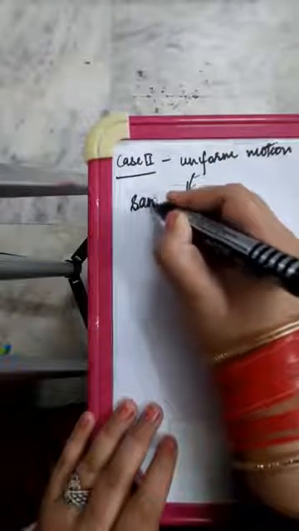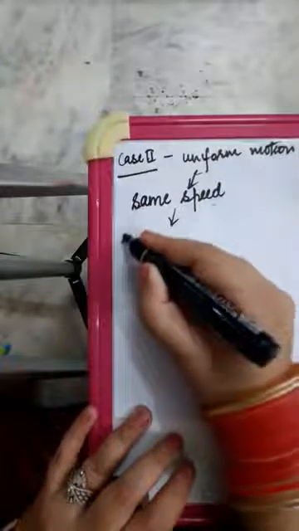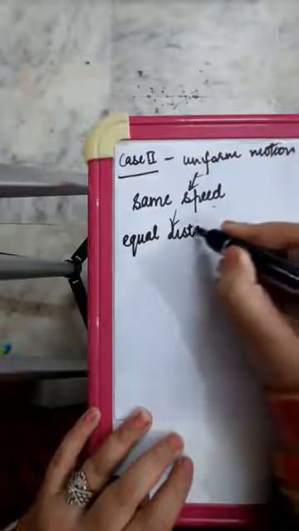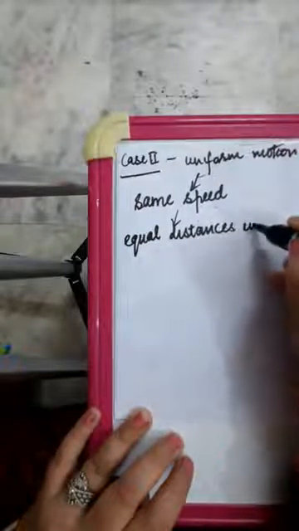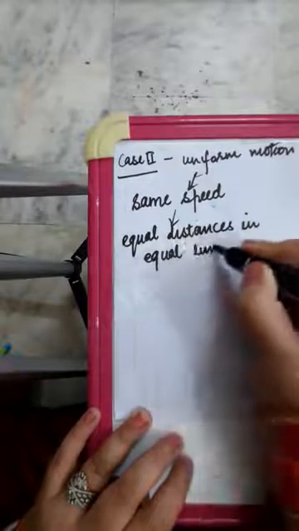When we are talking about uniform motion, that means throughout the journey the object was moving with the same speed, and same speed means equal distances in equal time intervals.